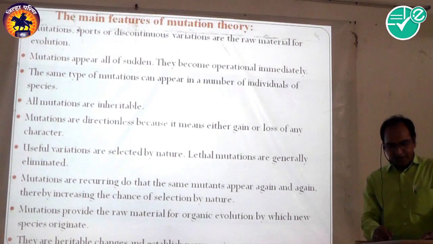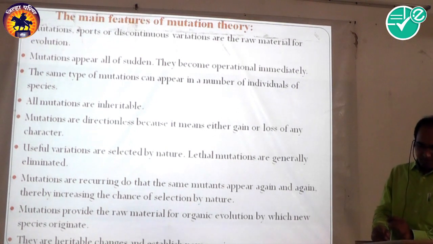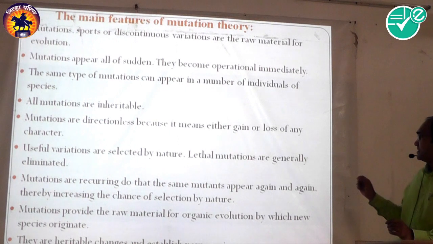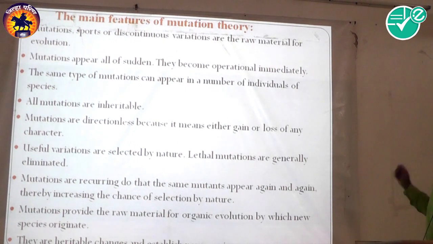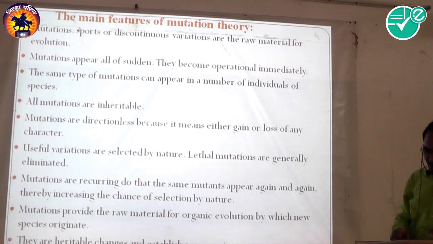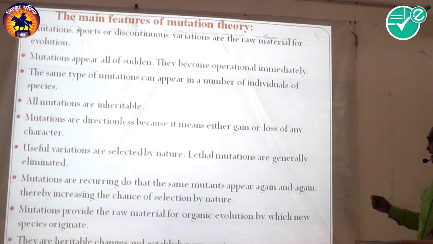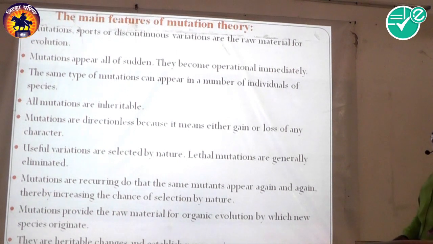Mutations are recurring, so the same mutants appear again and again, thereby increasing the chance of selection by nature. Okay, this is again one of the features of the mutation theory. Mutation provides the raw material for organic evolution by which new species originate.